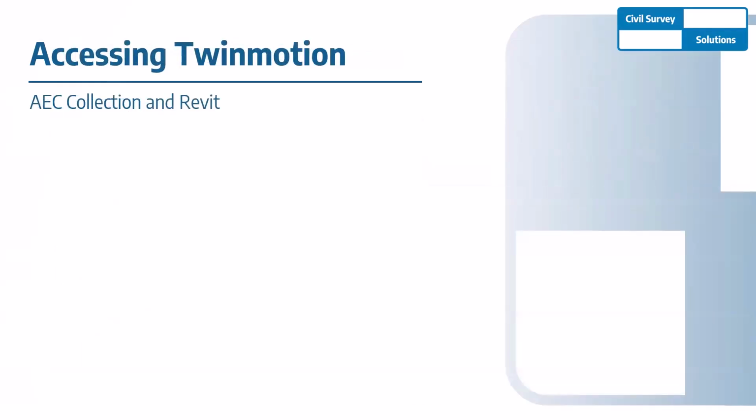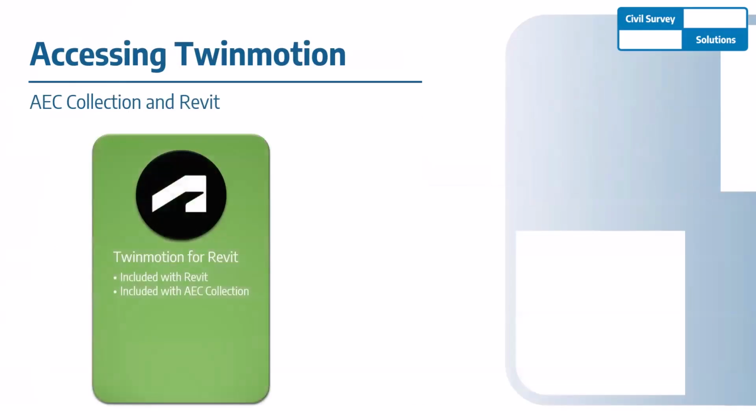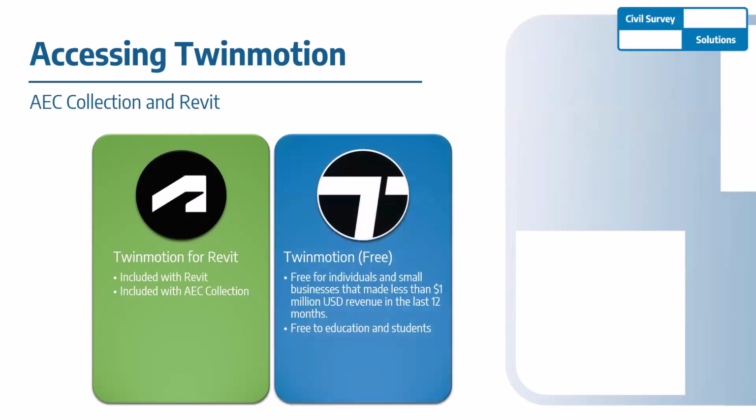Just in terms of the access points, as I did say for the third time now, it is included with the AEC collection. If you are a Revit user, it is also included with Revit. So you pay nothing to have Twinmotion in that case. Twinmotion have a very interesting pricing model.